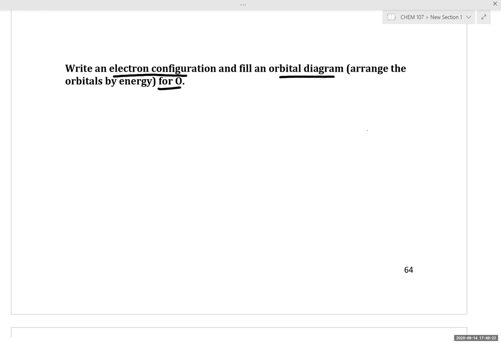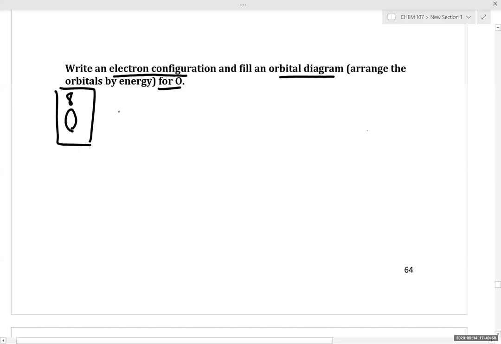Okay, so let's discuss this example. So first, for oxygen, if we look up oxygen in the periodic table, how many electrons do we have? What is oxygen's atomic number? Eight. Yep, exactly right.